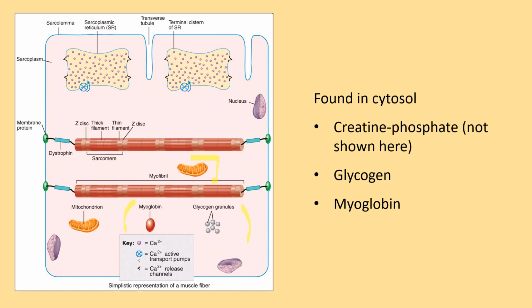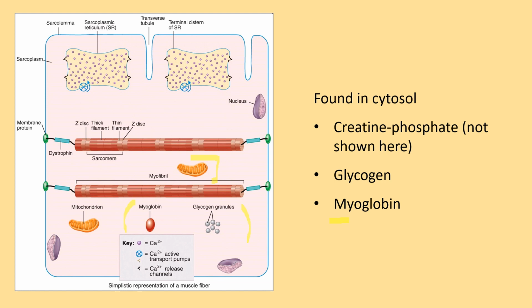Glycogen granules, I'll remind you that glycogen is a polysaccharide where the individual units are molecules of glucose. And those molecules of glucose have been tacked together to form this big polysaccharide called glycogen. And the myoglobin, myo means muscle, myoglobin. Myoglobin is a reddish pigment.